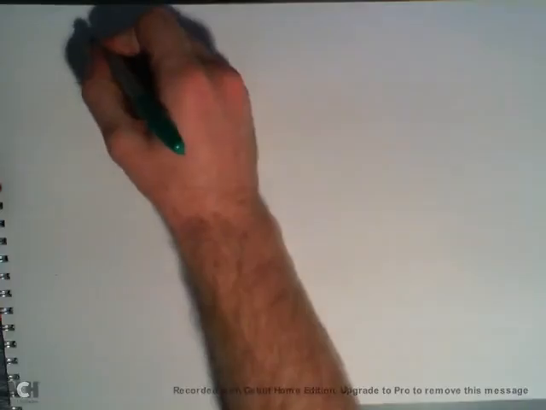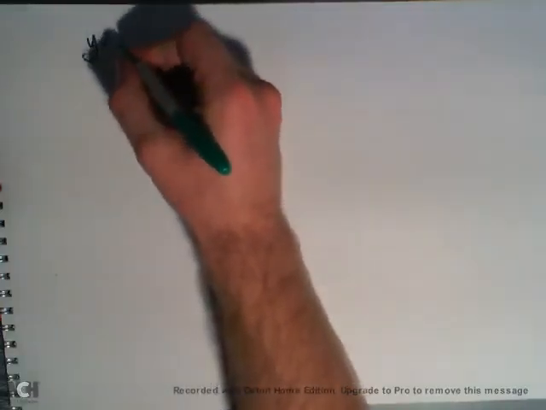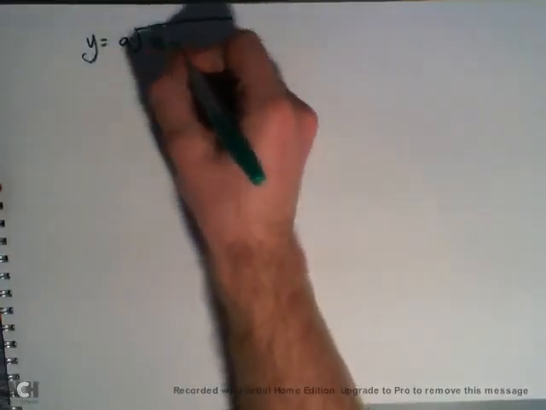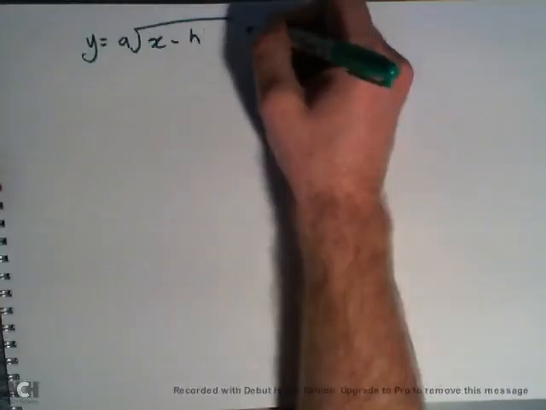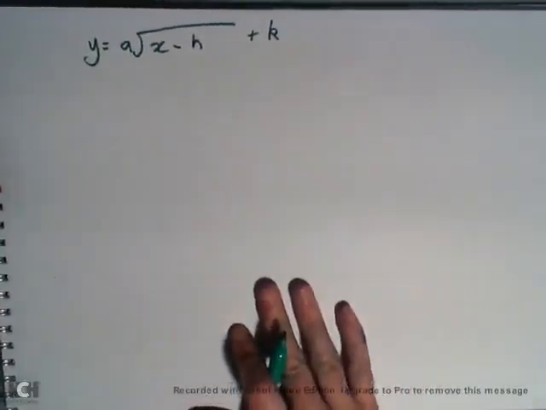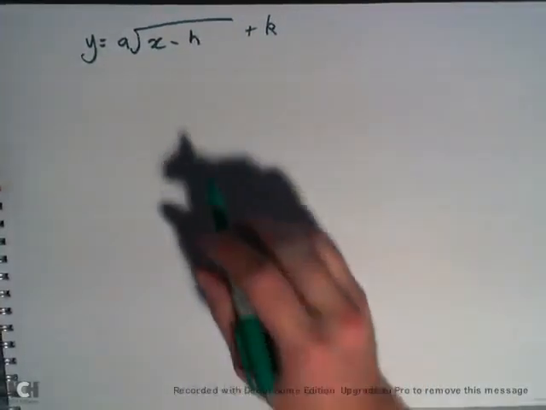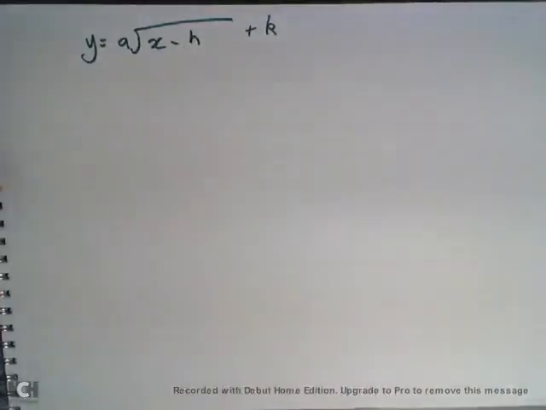Transformations of the square root function. So we can actually say the y equals square root function is the general equation a times the square root of x minus h, and then plus k at the end. So like our other formulas, it gets moved left and right, up and down.